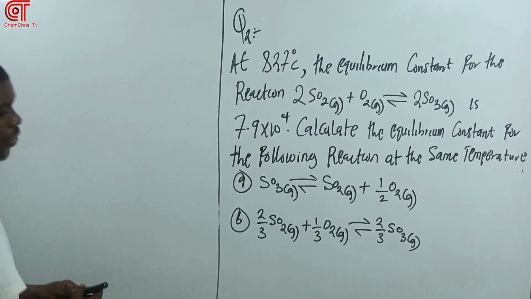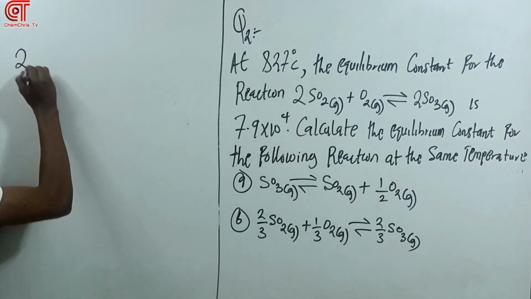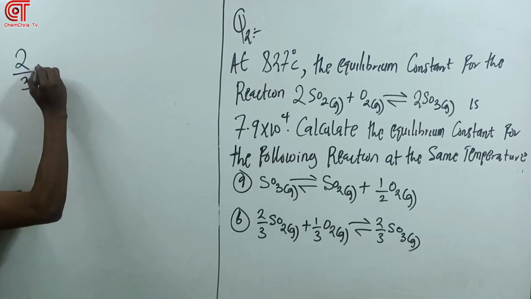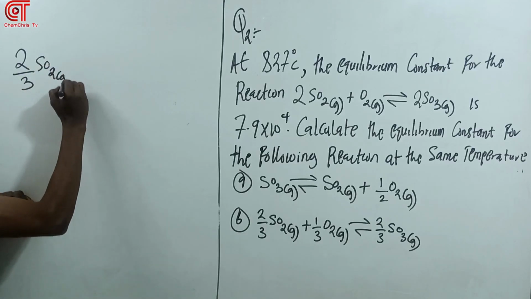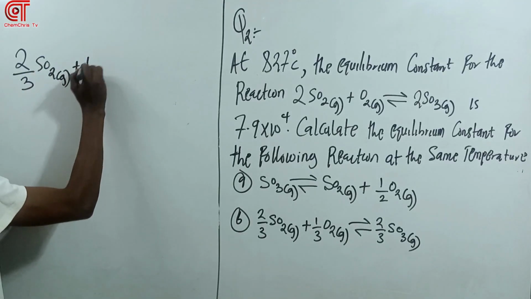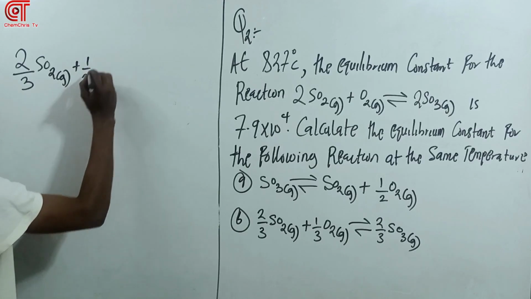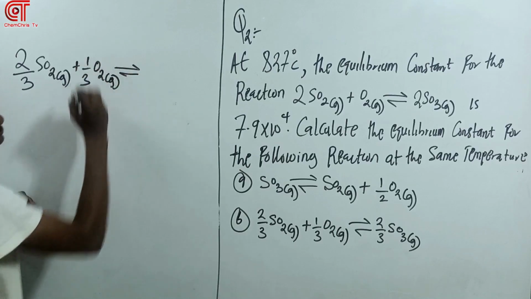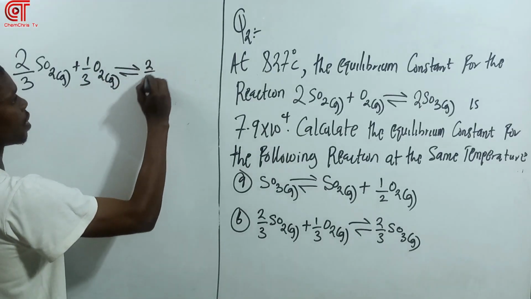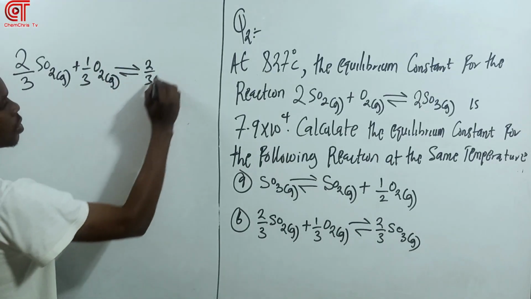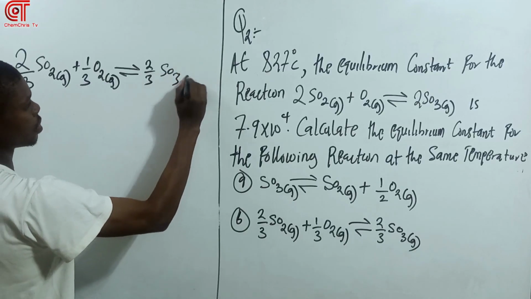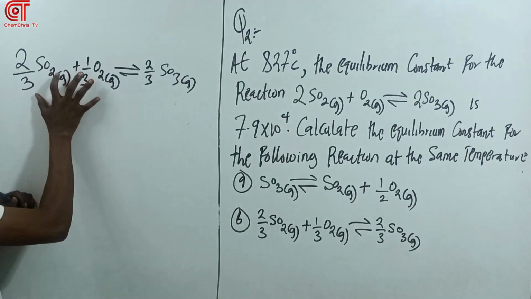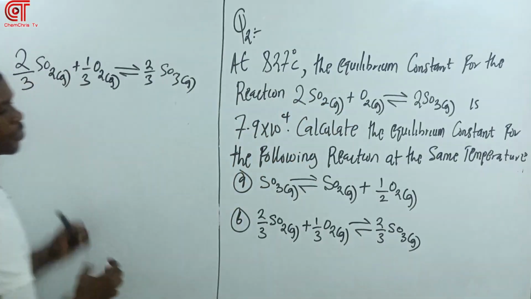So here I have 2 over 3 SO2 gas plus 1 over 3 O2 gas gives 2 over 3 SO3 gas. So let's compare this one here with the main equation.